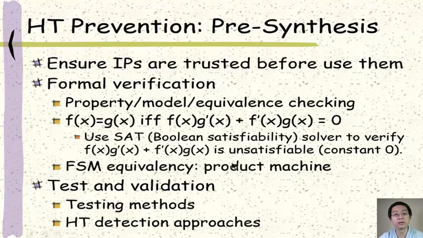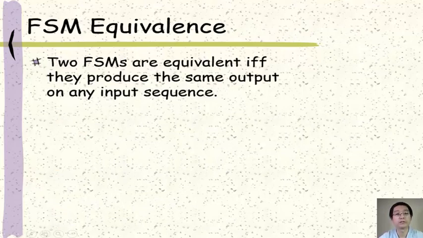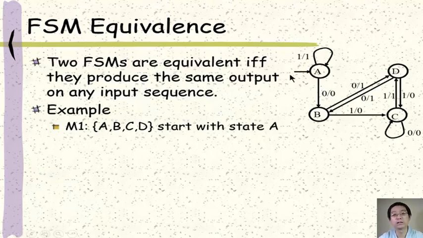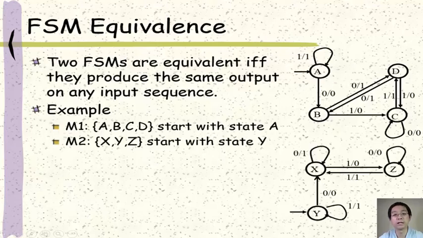So now let's see what the finite state machine equivalence is and what the product machine is. Two finite state machines are said to be equivalent if and only if they give the same output on any input sequence. For example, consider this four-state state machine A, B, C, D with A as the starting state, and a three-state finite state machine X, Y, Z with Y as the starting state.